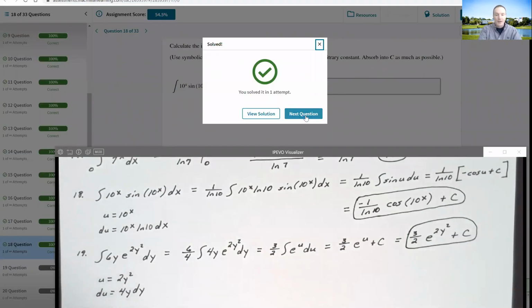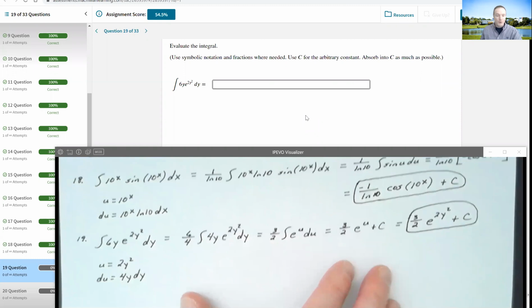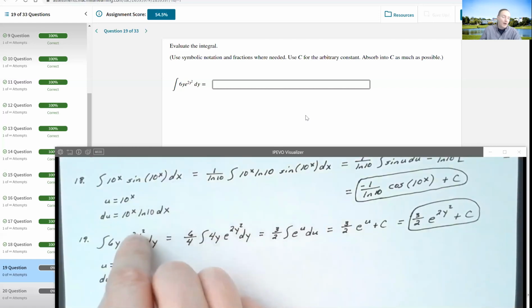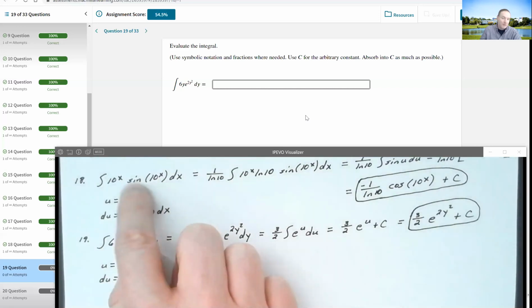And last problem I'll do in this video, I will handle the remaining problems in one more video for this section. Number 19, I have the integral of 6y times the exponential function e to the 2y squared dy. This problem is similar to the one before, except now I want to use substitution to account for what's inside of my exponential function instead of the angle of my trig function.